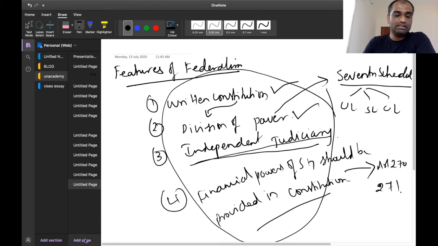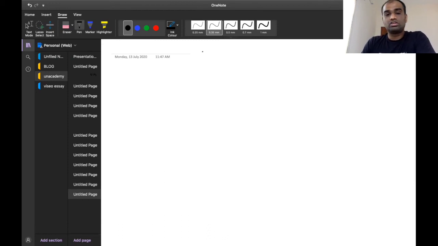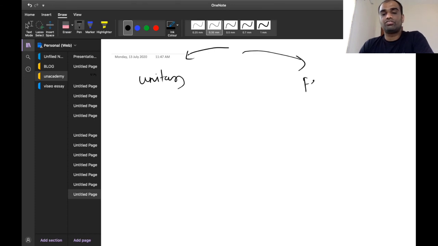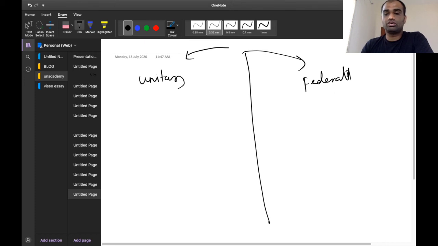Now, keeping this in mind, in this classification of constitution into unitary as well as federal constitution, there is only one L in unitary. What are all the differences here?